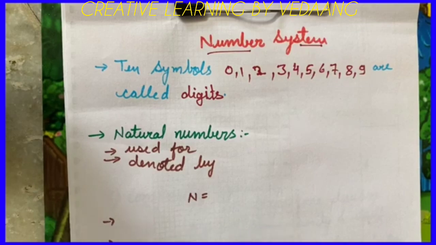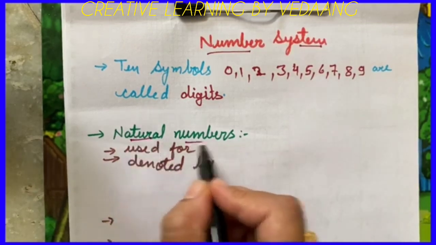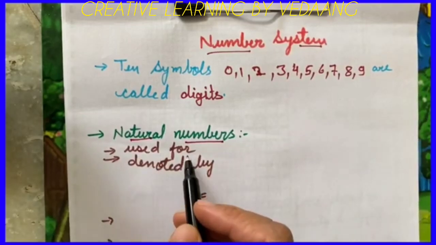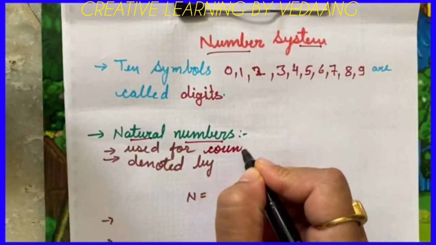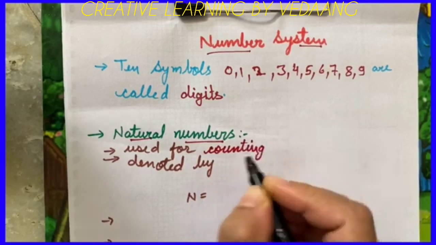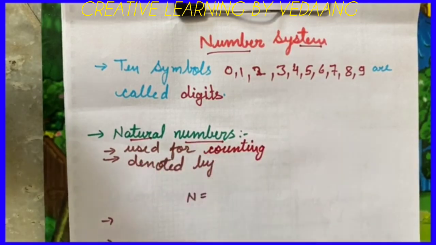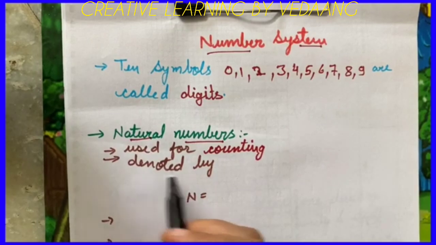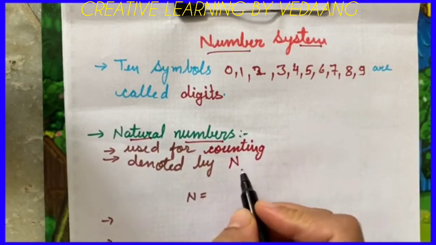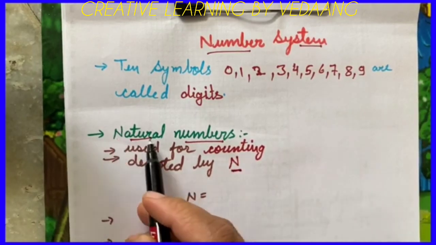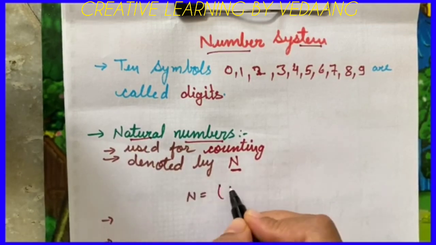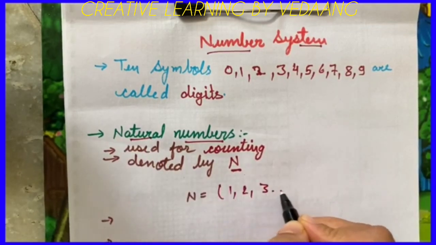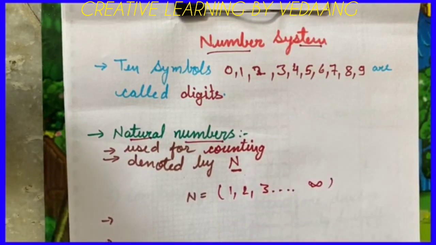Now we will talk about natural numbers, and these numbers, natural numbers, are used for counting. So natural numbers are used for counting, and they're denoted by capital N. This capital N stands for natural. Fine. So N is set of natural numbers and it goes up to infinity.